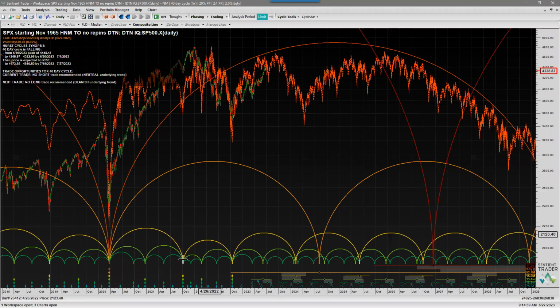Hurst cycle analysis figures out about 20 different cycles, everywhere from an 18-year cycle, 9-year cycle, 4.5-year cycle, 18-month cycle, 40-week, 20-week, 80-day, and so forth, all the way down to a 5-day cycle.